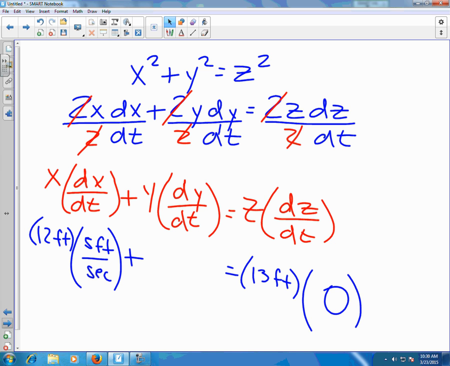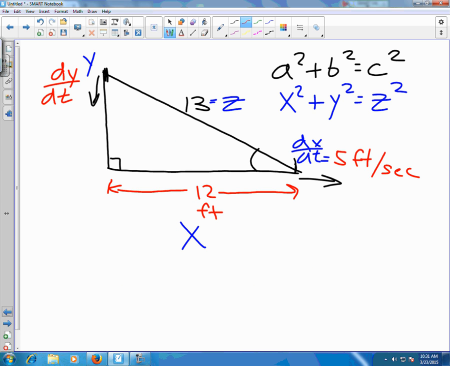Now we're left with y and dy over dt. dy over dt, the rate of change, is what we're looking for, but we don't know what y is. We don't know what the height is. But we can figure that out by using the Pythagorean theorem in the first place. We know x is 12, z is 13.